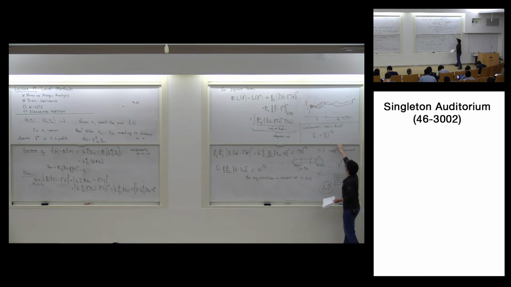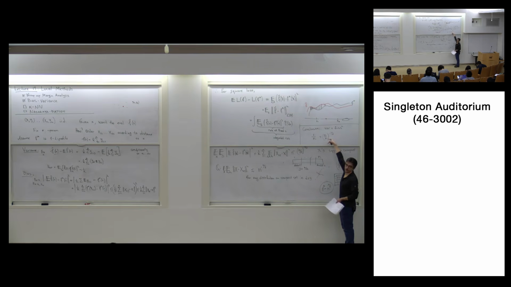Right. So think of this as k over n to the power plus 2 over d. One term goes down with k, the other one goes up with k. If you balance these two terms, k equal to n to the 2 over 2 plus d balances.